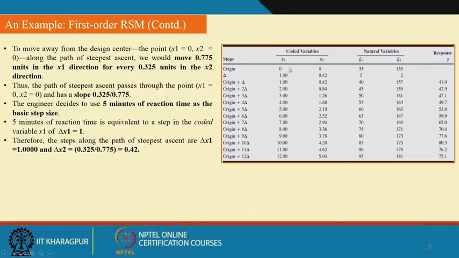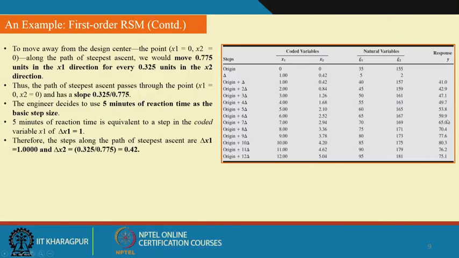So, the coded variable x 1 goes 1, 2, 3, this way you are changing, and x 2 you are changing accordingly, 0.42, 0.484 like this. The resultant natural values are required, because when you do the experiment you have to set the process parameters according to these values, and then after the experiment you will get the y value.